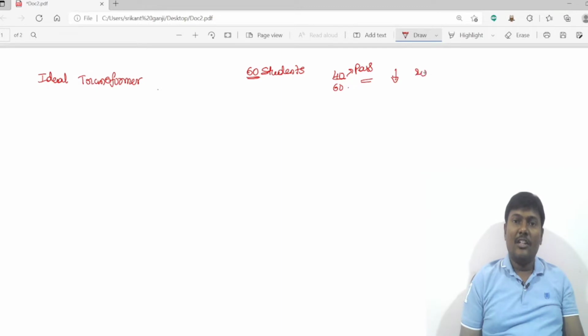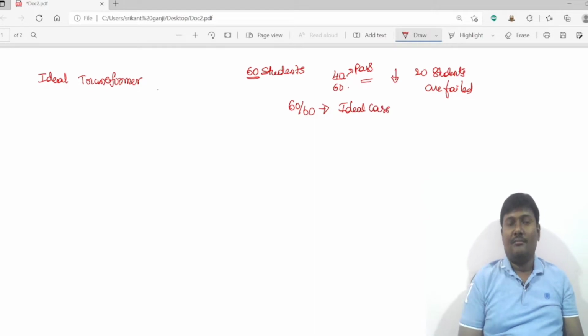The remaining 20 students failed. But if all 60 students pass, that means this is an ideal case. Maybe it is possible in one class, but in an overall college, all the students do not pass. Similarly, there is a difference between the ideal and the practical.